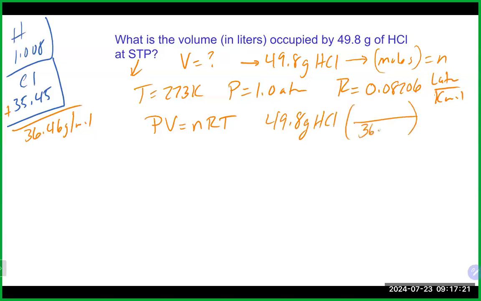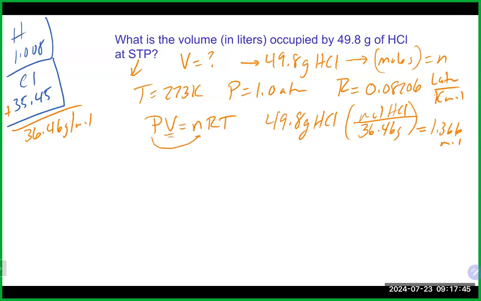We're going to put the grams on the bottom so they cancel, moles up on top. And we end up with 49.8 divided by 36.46, which is 1.366 moles. So now we have really everything we need to solve for volume, which is what we're looking for.